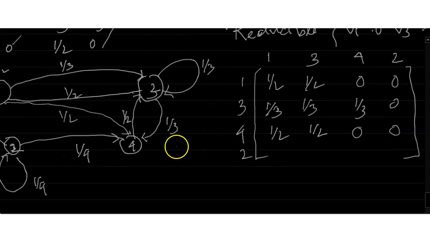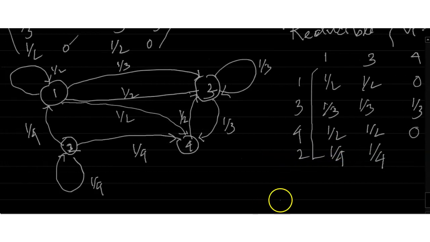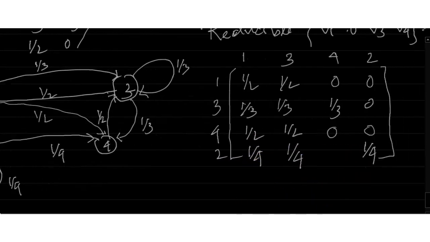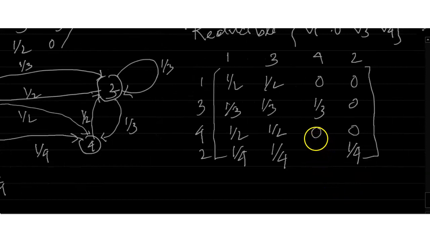And 2 4 is equal to 1 by 4. And 2 2 is equal to 1 by 4. And 2 1 is equal to 1 by 4. And 2 4 is equal to 1 by 4.